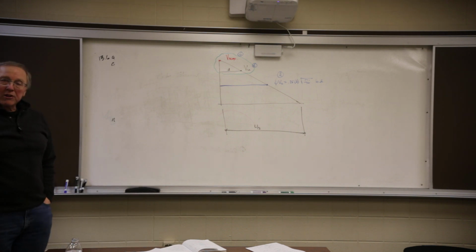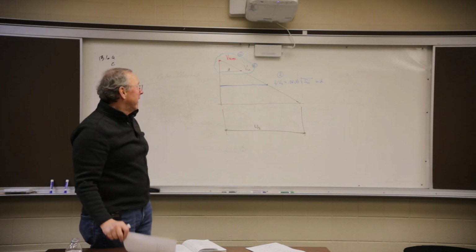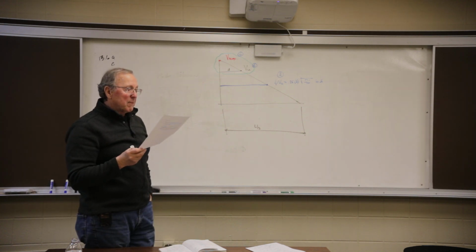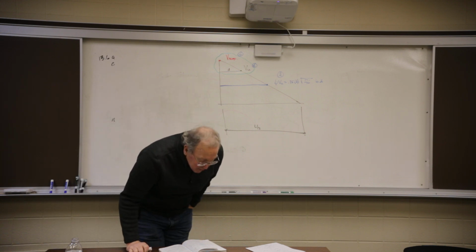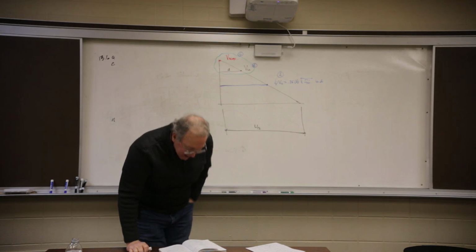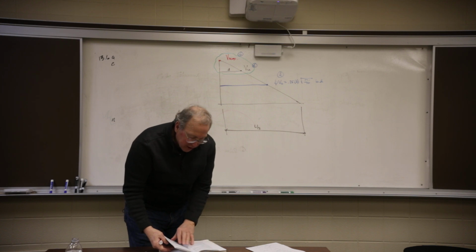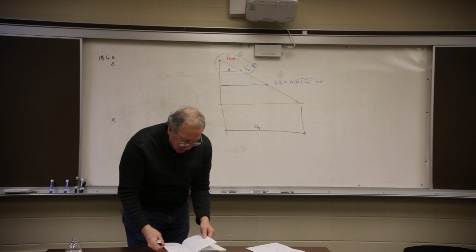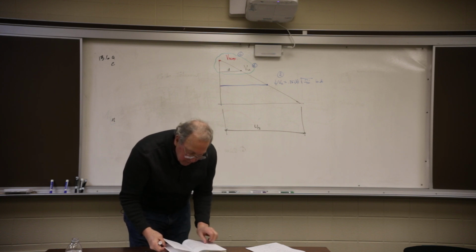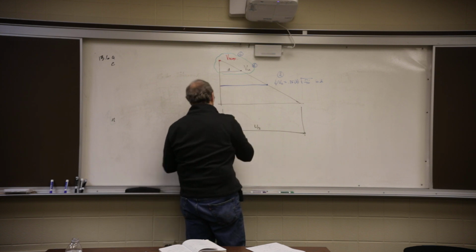Okay, code has some safety factors built into it on purpose. And code requires us, and that was letter F, to divide that number by 2. So if you look at page 462, and you go down, the dashed line at the end of it is a formula that is exactly like I have there, except it has a value of phi VC over 2. So if you look right here, that's that dotted dash line.